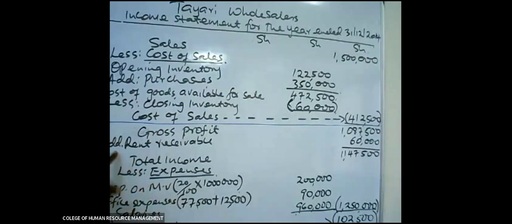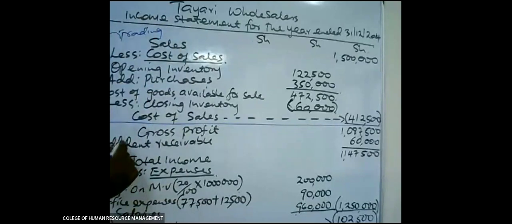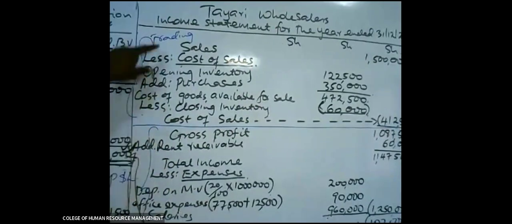If there is other income you add, then you less expenses, and you get the net profit or loss. So you are not going to do this part. This part we normally call the trading. This part where we deal with gross profit and the expenses, we call the profit and loss, the P&L.